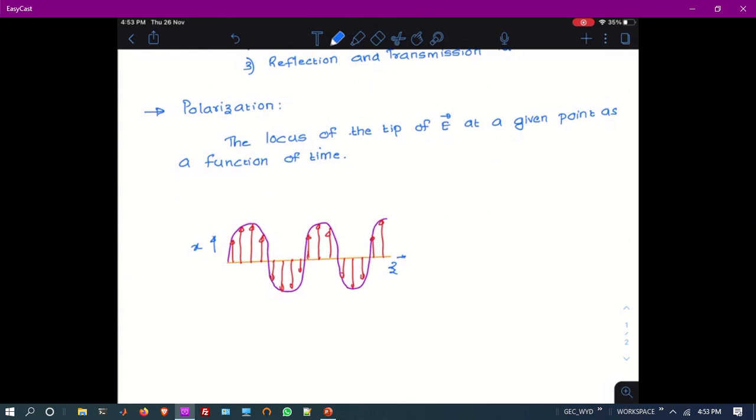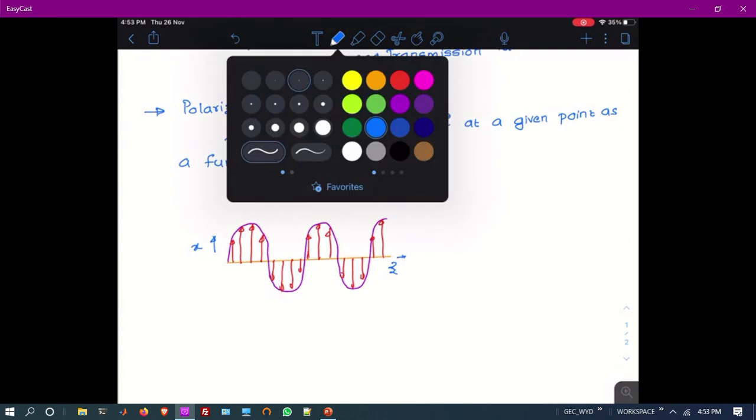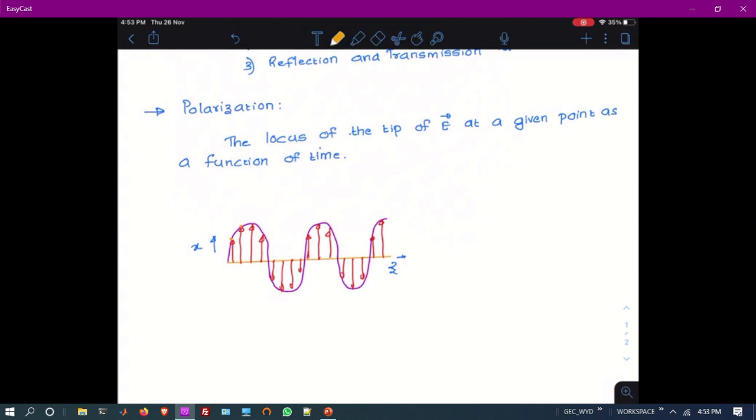Okay. Now if you look at this electric field, you see how the tip of the electric field varies. So this is actually the tip of electric field. So the definition of polarization is how the tip of electric field varies, or locus of the tip of electric field at any given point. So if you are looking at this wave from here, okay, then when you see the wave coming towards you, you see that the electric field orientation is in a straight line.